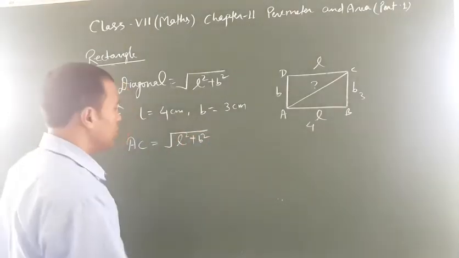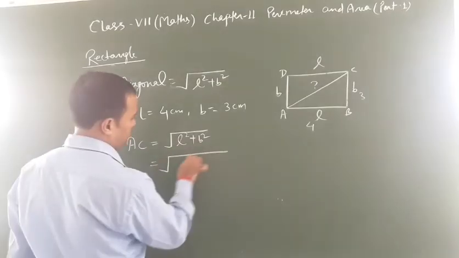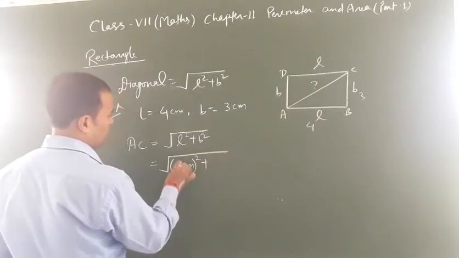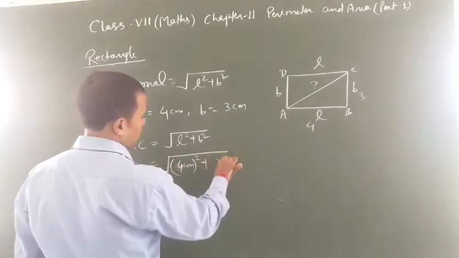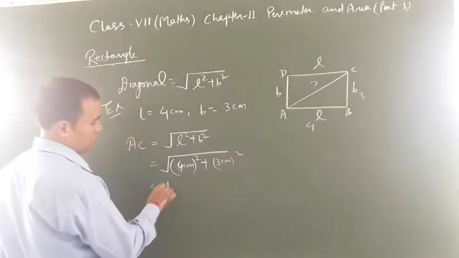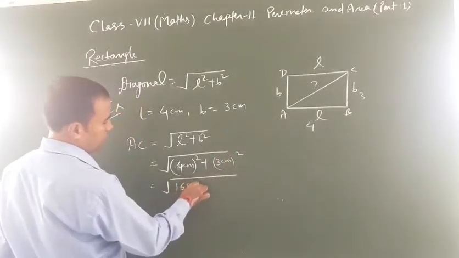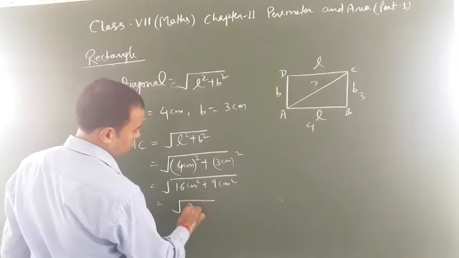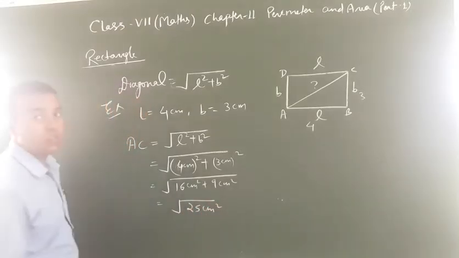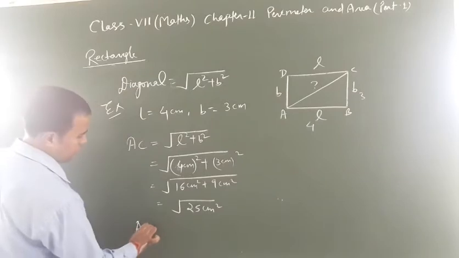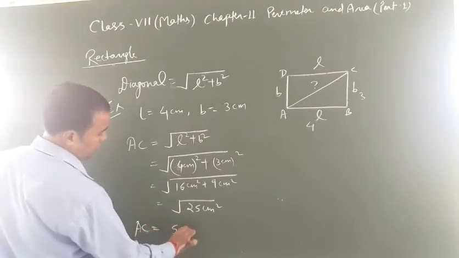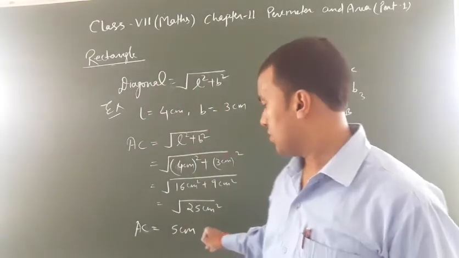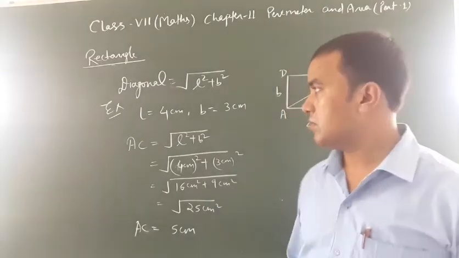Put the values: 4 square plus 3 square, 16 cm square plus 9 cm square equal to 25 cm square. So AC equal to 5, because 25 is the square of 5. Clear? For example.